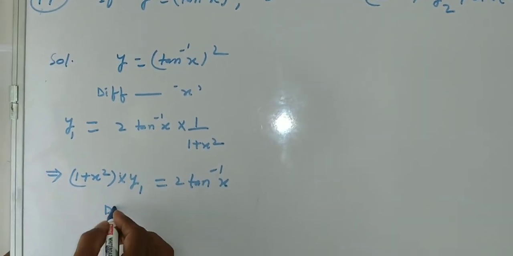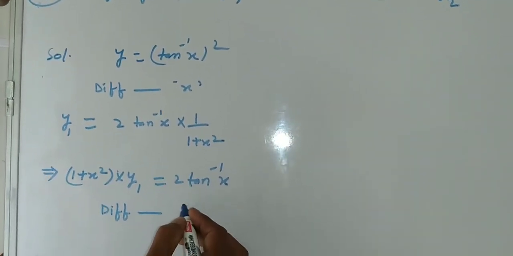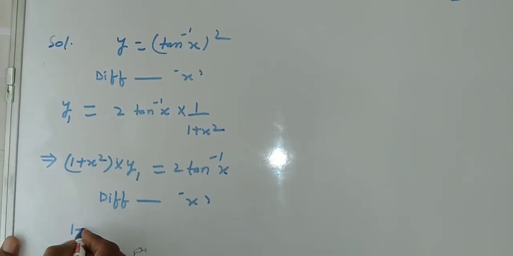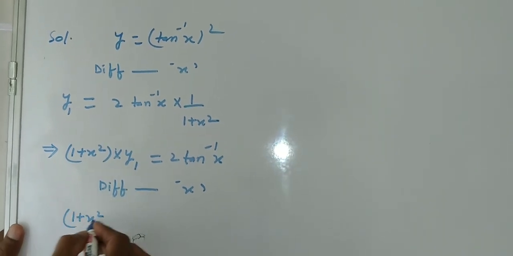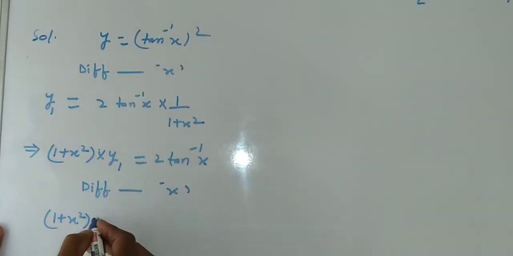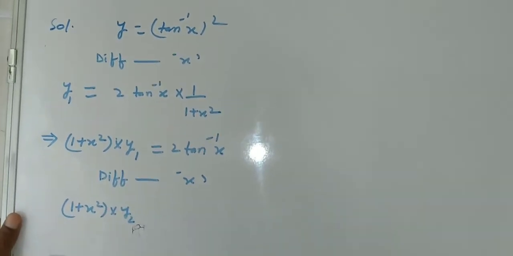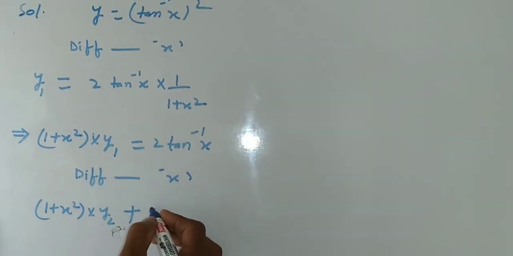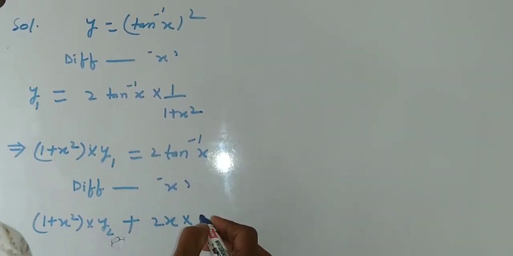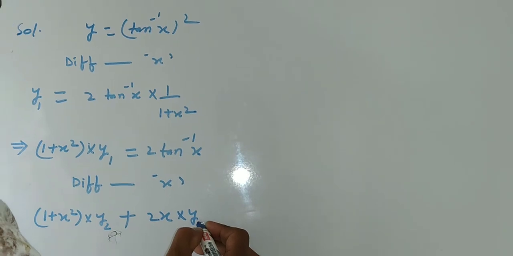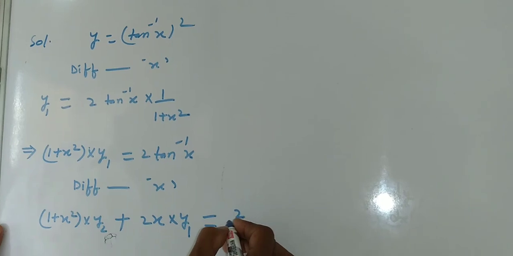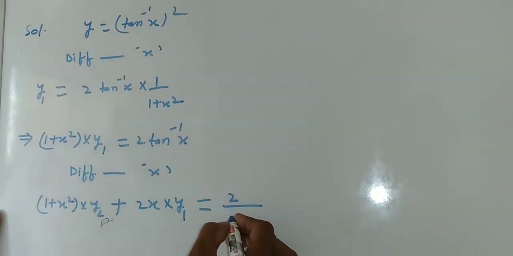Once again we will differentiate the function with respect to x. Again u into v: first function unchanged, and the derivative of the second function, that is y2, plus the derivative of the first function, 2x, into the second unchanged, y1, equals the right hand side, 2 by 1 plus x square.